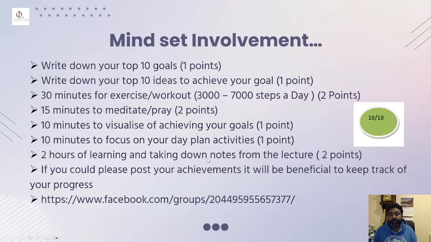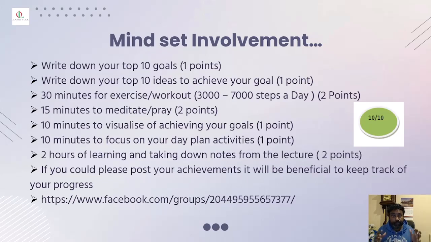So again, please don't forget to do the involvement that's related to mindset. Please write down your top 10 goals and write down the top 10 ideas to achieve those goals. And please spend at least 30 minutes on some sort of physical activity. It can be exercise or a gym workout, or you can go for a long walk.